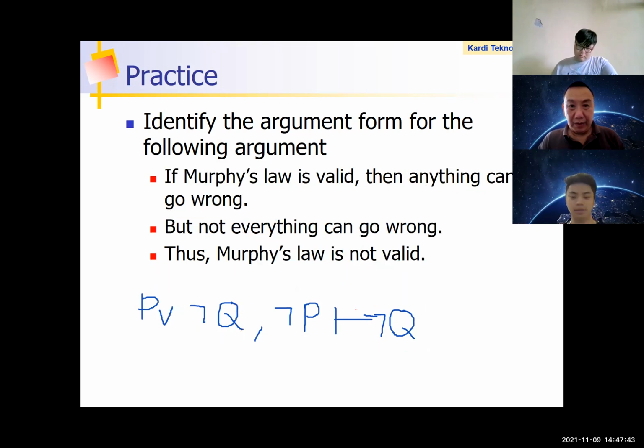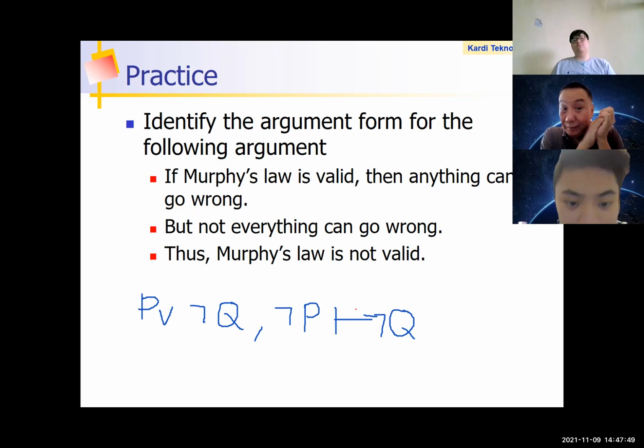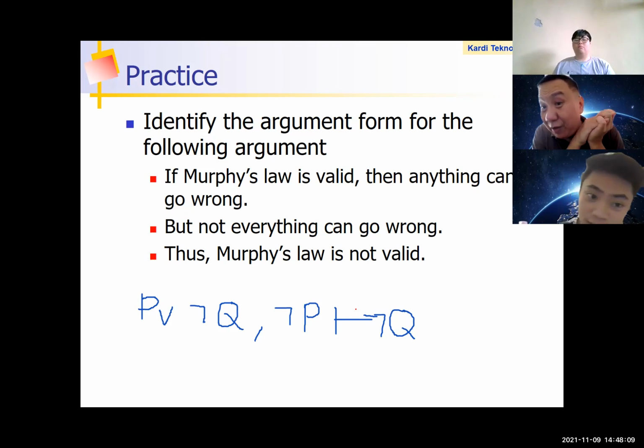Okay, so then, how about this? Is this the same? No, it's not the same. So Matthew, clean up this and what is the argument form of this one? Do you know Murphy's law?